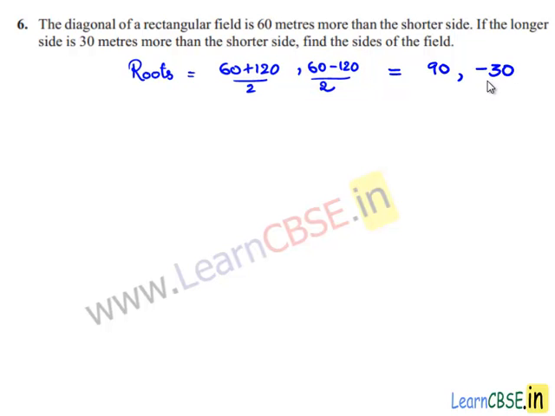Since minus 30 cannot be the side of the field because it is negative, hence this value can be ignored.